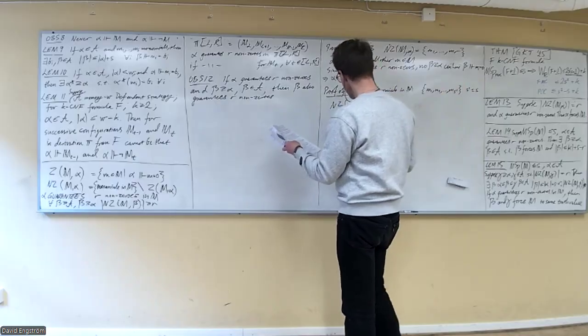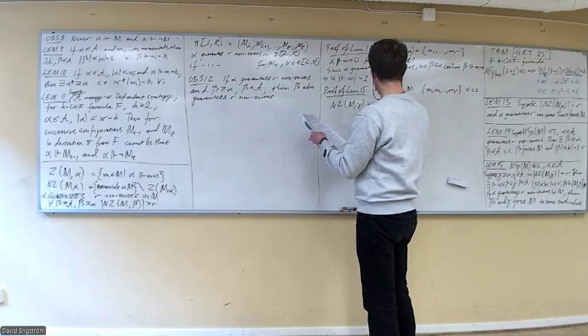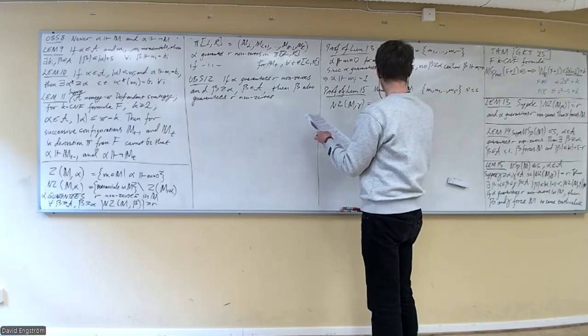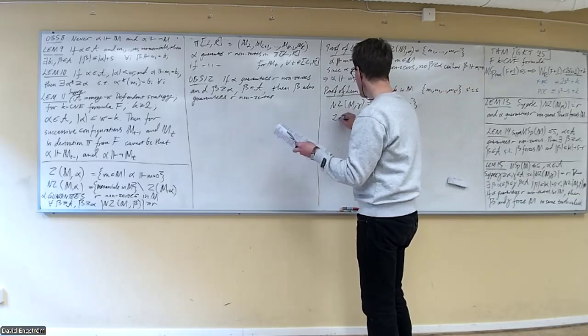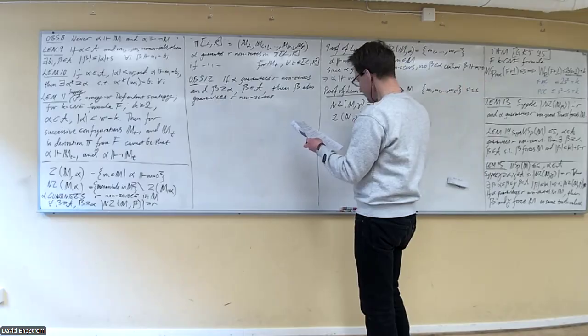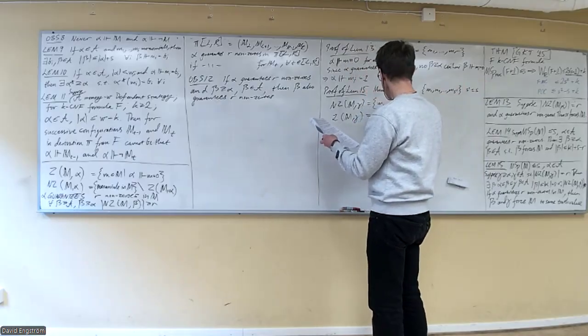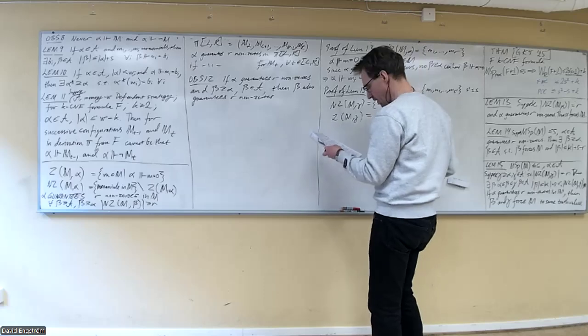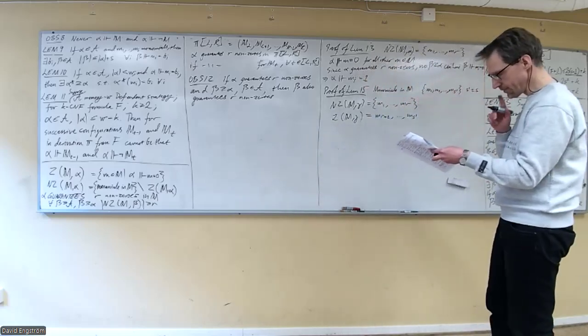The non-zero monomials with respect to gamma are M1 up to MR. And the zero monomials with respect to gamma are then MR plus 1 up to MS prime.